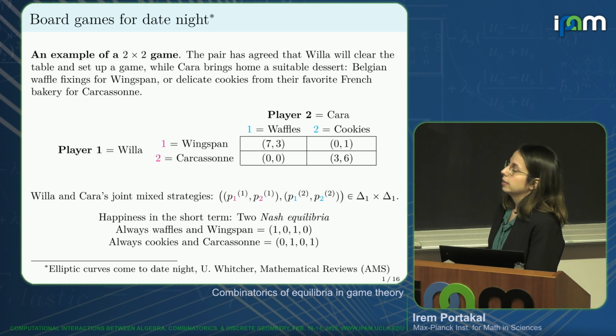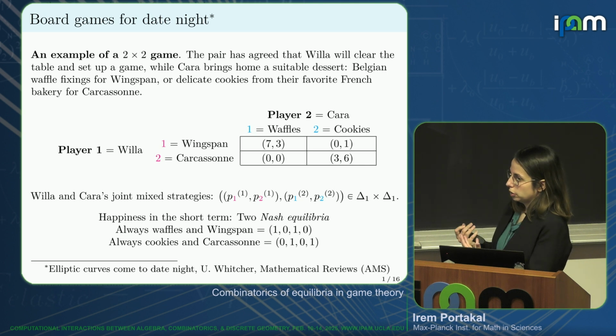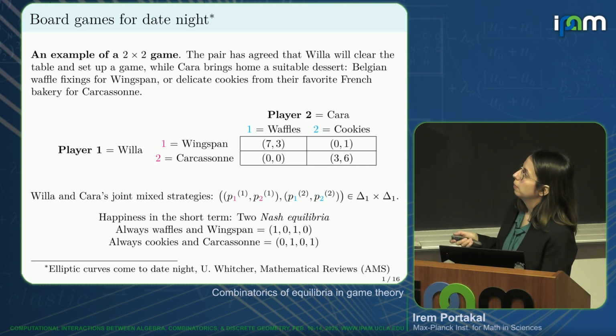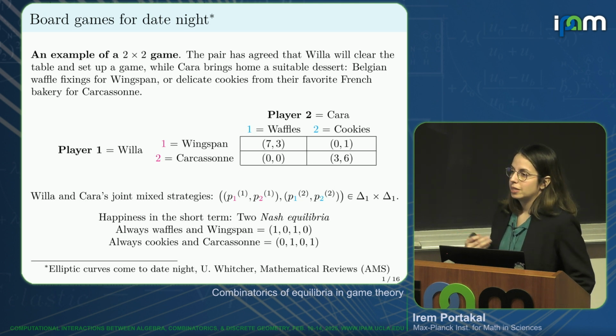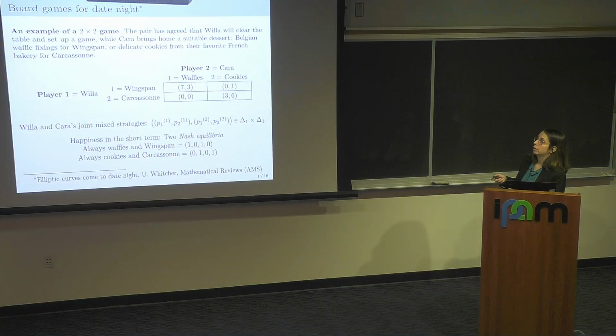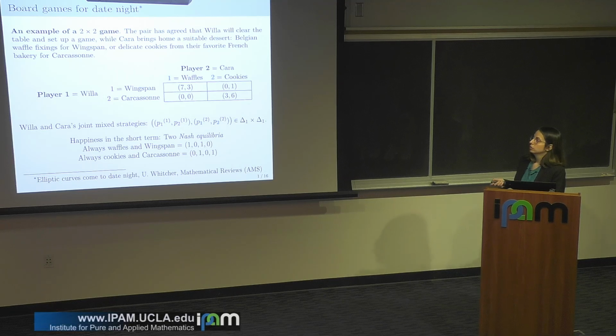The idea is that, let's say I am Villa, and I do not know what Kara will do. I'm just going to assume, for example, that she's going to bring waffles home, and I'm going to think about my best strategy given that situation. My best strategy if Kara brings waffles home is to put Wingspan on the table, right? I can do the same thing assuming Kara is bringing cookies home.